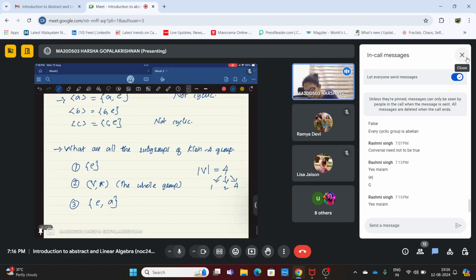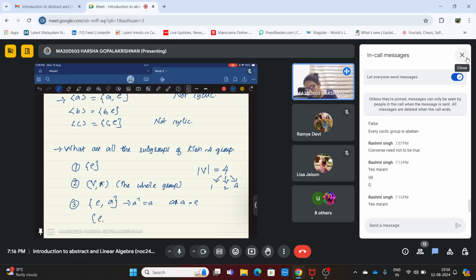So here also you can check the identity is there. A inverse is A only, because A star A equals identity. So the inverse of A is A itself. Identity is there, closure property is there, associativity is clearly there. Inverse is there. So it is a subgroup.